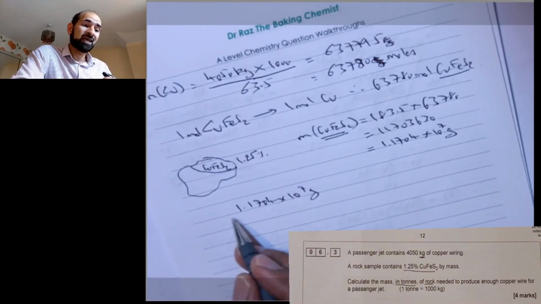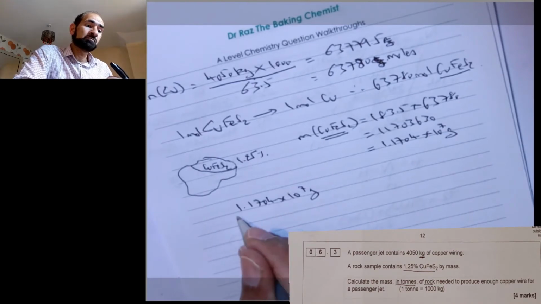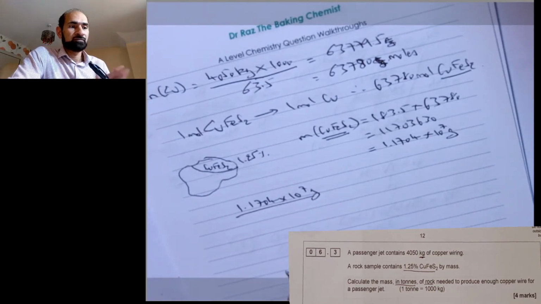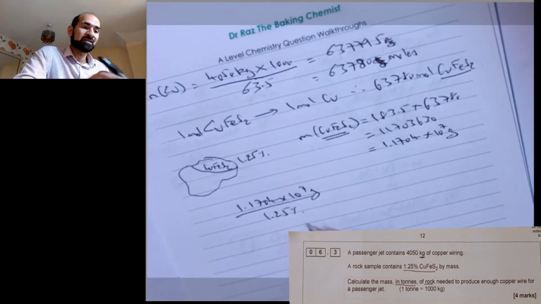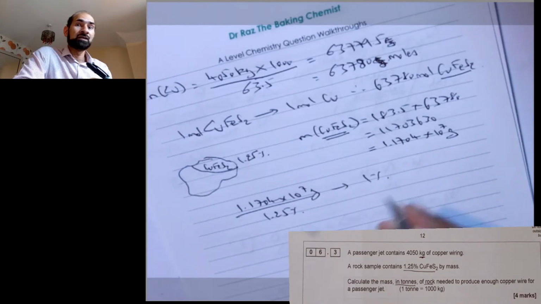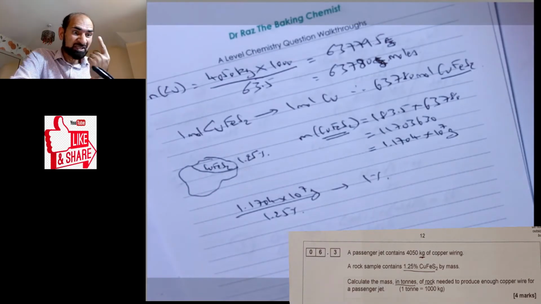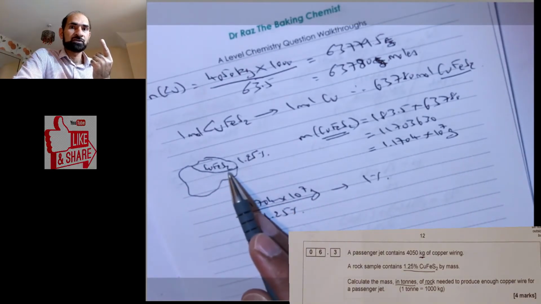So I'm going to take that many grams of ore, divided by 1.25%, because that will give me the mass of the rock that I need to give me 1% of the CuFeS2.